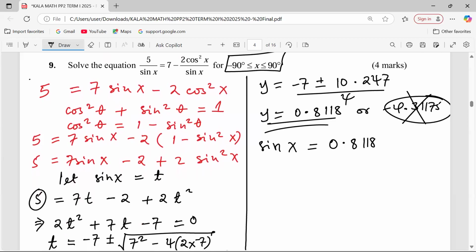So can we get an angle theta, which will replace x first? Shift sine 0.8118, 54.27.